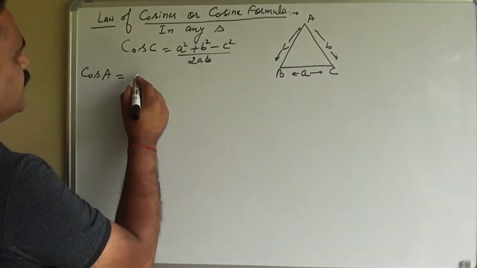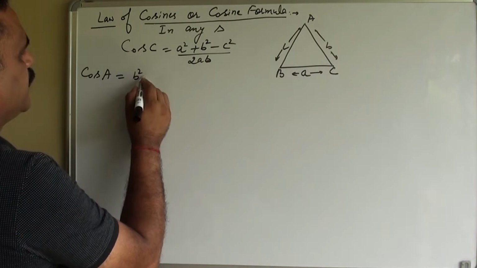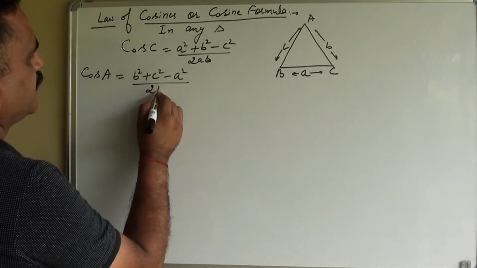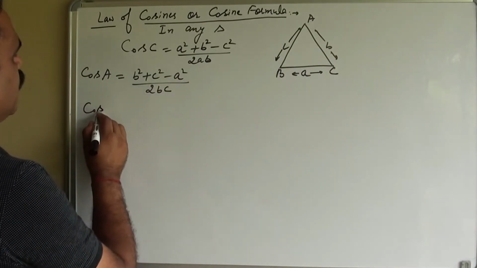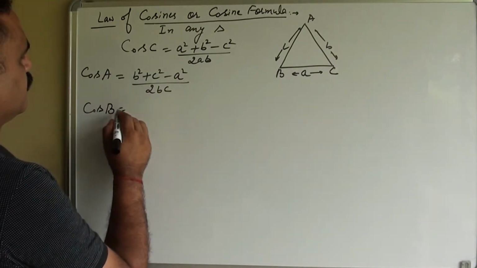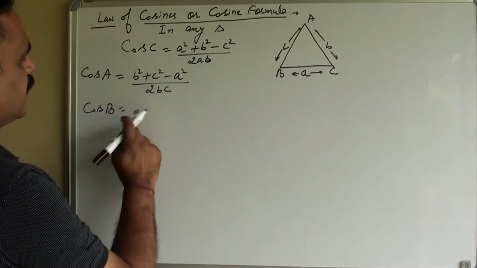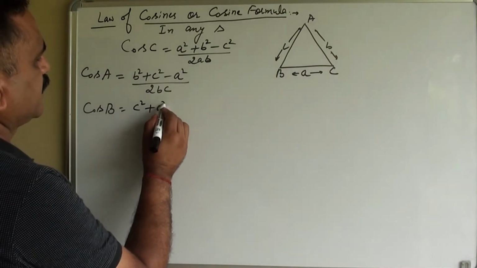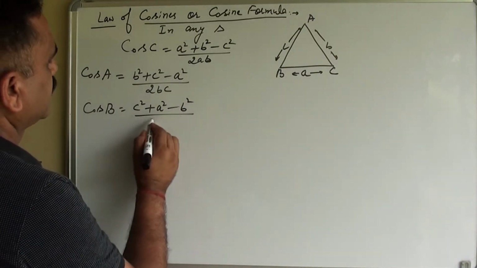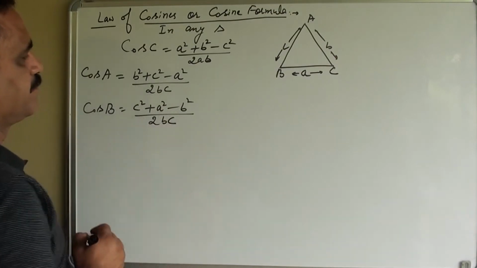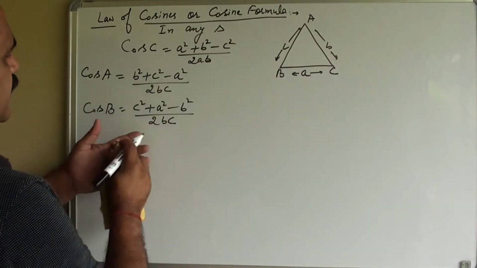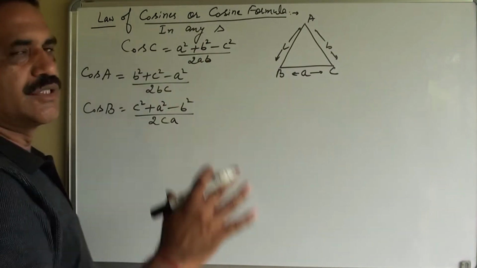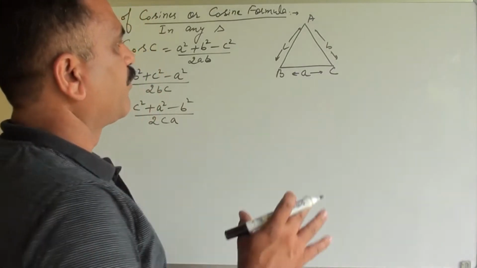So cos A is equal to B square plus C square minus A square by 2BC, and cos B is equal to, cyclic, C square plus A square minus B square by 2CA. This is law of cosines or cosine formula.